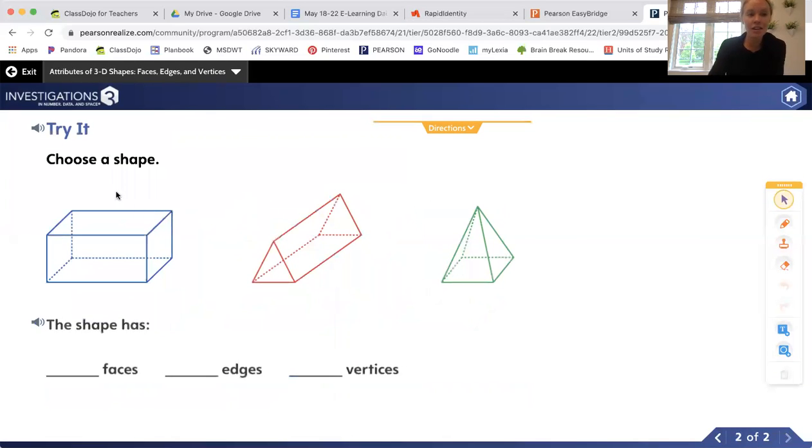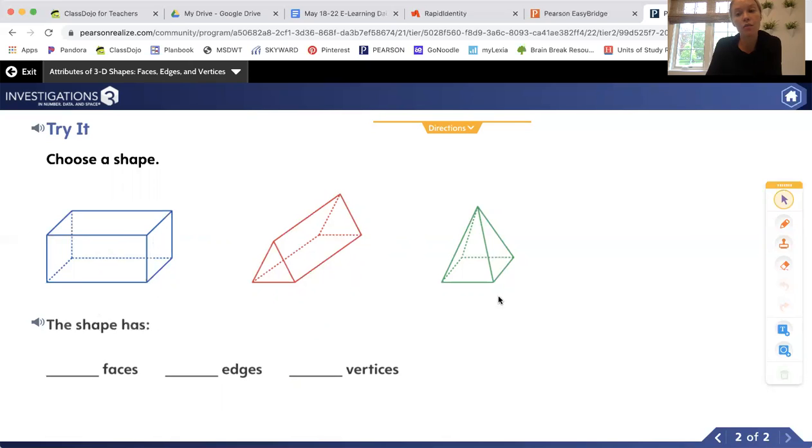Okay, so let's look here at this shape and let's count the faces. Remember the face would be the 2D shape that we see. So we see a 2D shape here on the front. That would be 1.